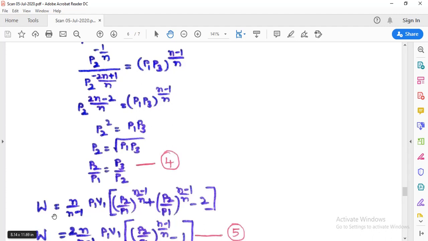So work done per cycle, we know that it is equal to n divided by n minus 1 P1 V1 into P2 by P1 whole to the power of n minus 1 divided by n, plus P3 by P2. Instead of P3 by P2 here, P2 by P1 is equal to it, so I am going to substitute whole to the power of n minus 1 divided by n, minus 1.